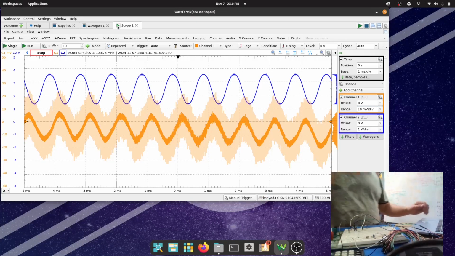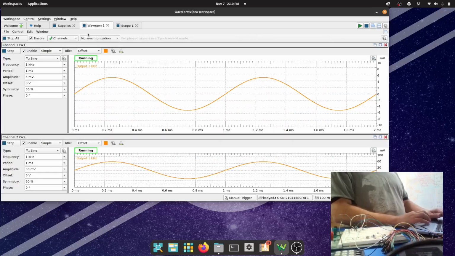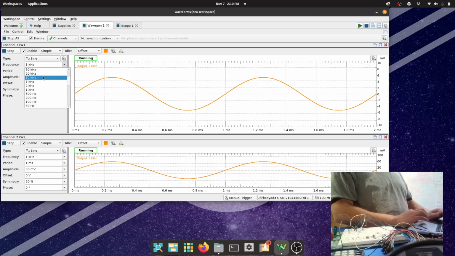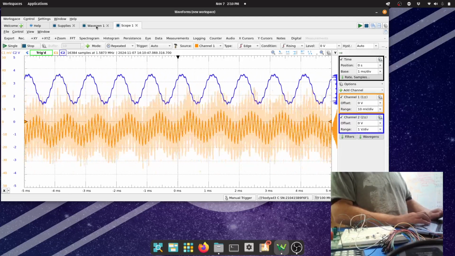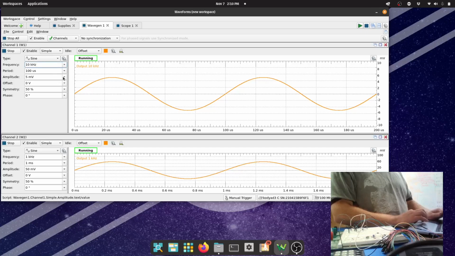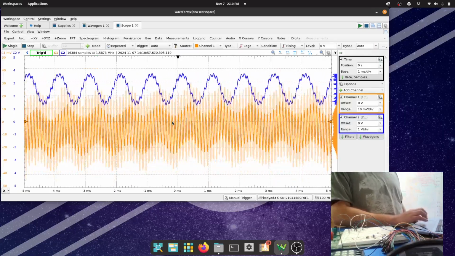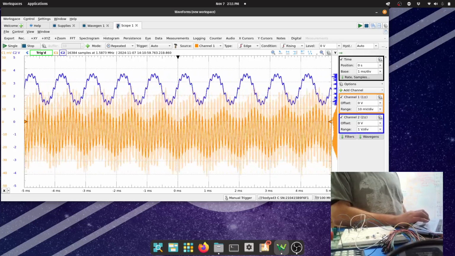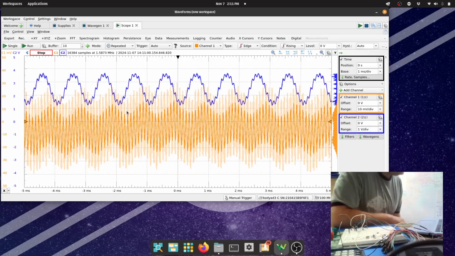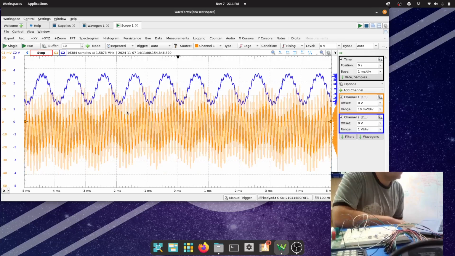Now, it also asked us to run both at the same time, perhaps at different frequencies. So let's do that. Let's make this a little bit bigger. That's pretty wonky looking.